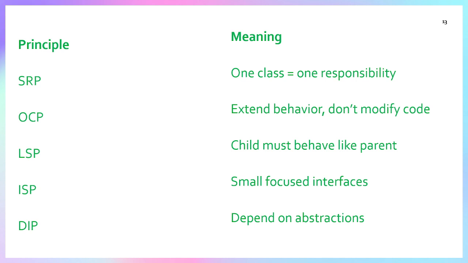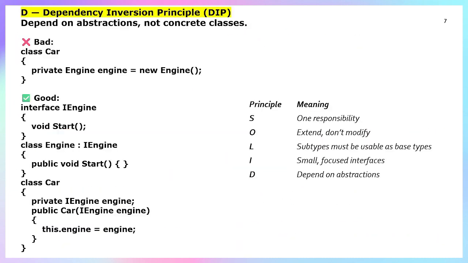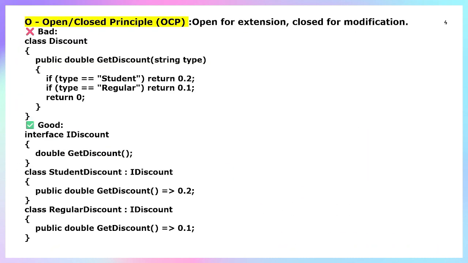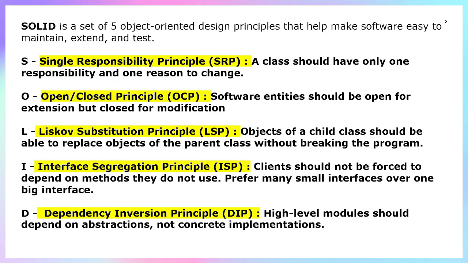Let's discuss once again. What is the single responsibility principle? Single responsibility principle: a class should have only one reason to change, right? Only one, a class should have only one responsibility, not more than that.